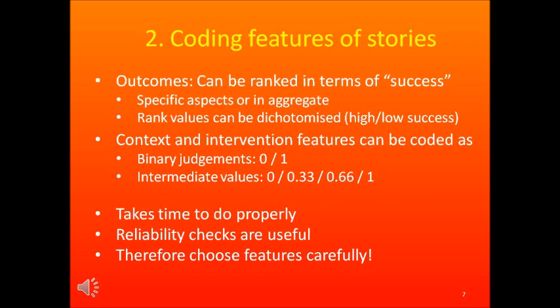The important point to note here is that the coding of features of stories takes time to do properly, and it's often useful to do reliability checks by having someone else do the coding of the same story and then checking how the two sets of codings compare to each other. Because it takes time and you need to be careful about errors and reliability, it's important to make sure that you choose the features that you're coding quite carefully.